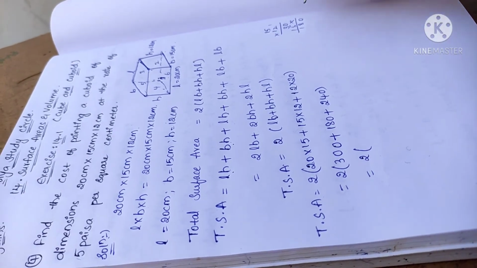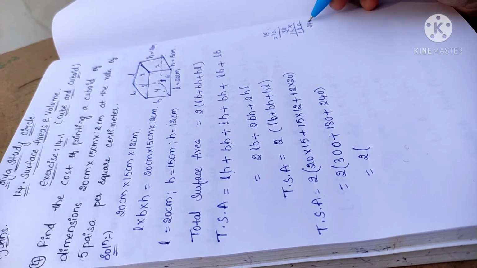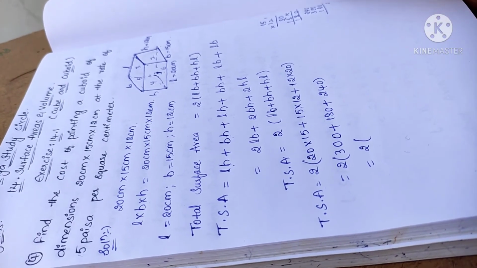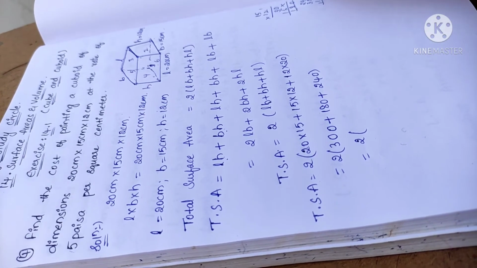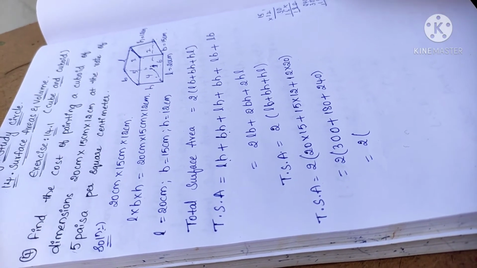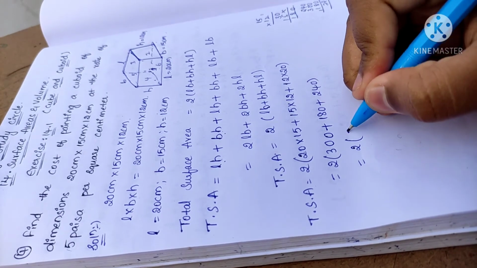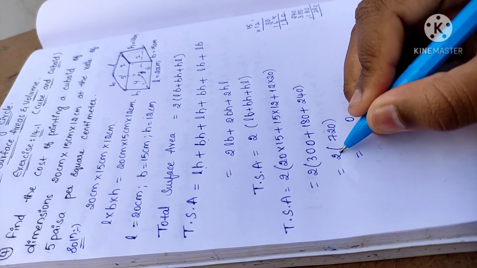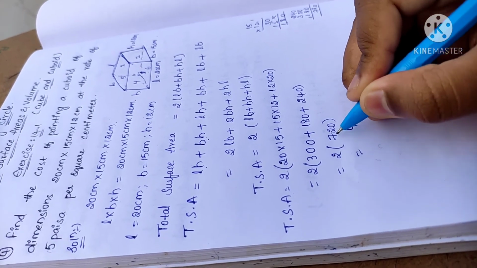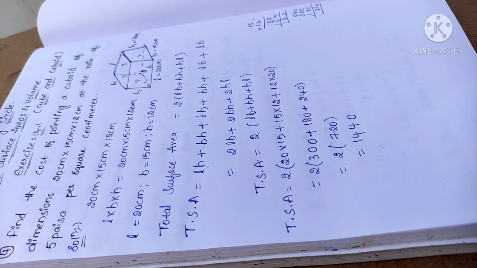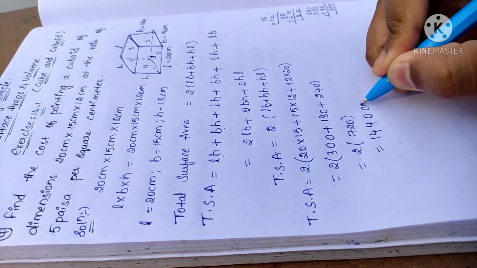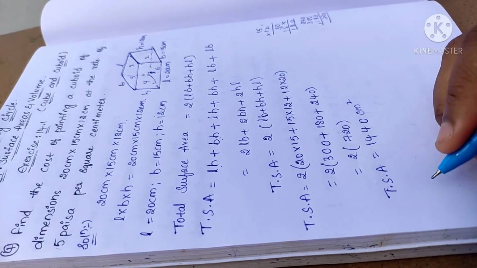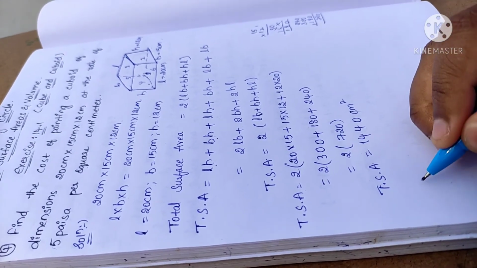The next step is 2 into 240 plus 180 plus 300, which is 720. So 720 into 2 is 1440. So we get 1440 centimeter square. The total surface area is 1440 centimeter square.